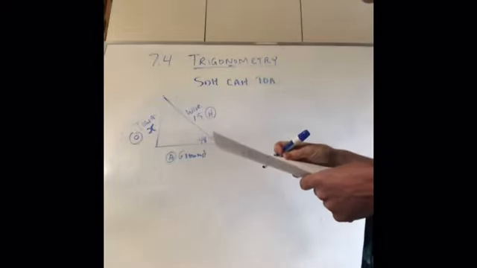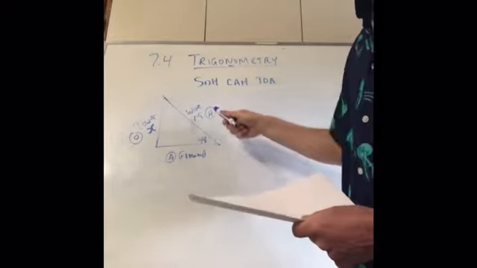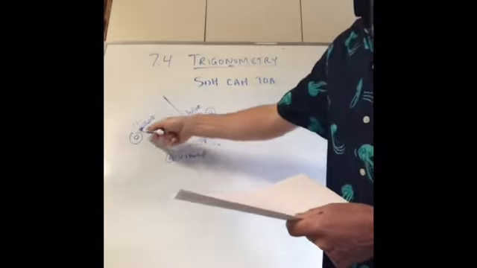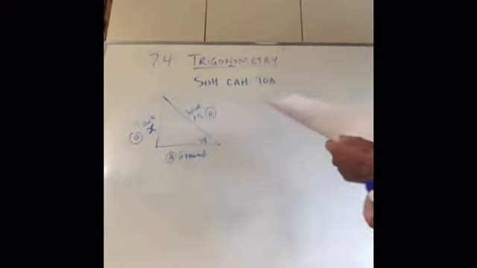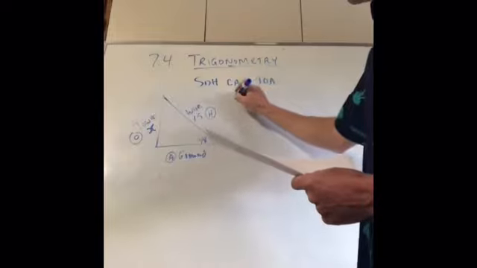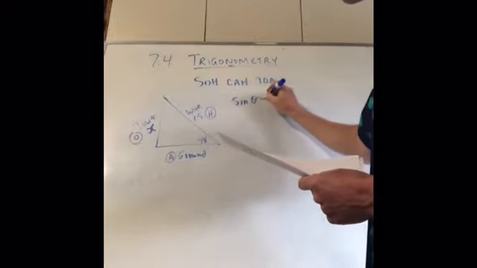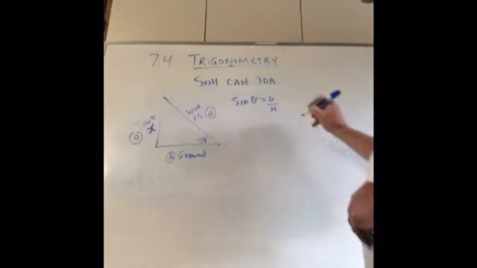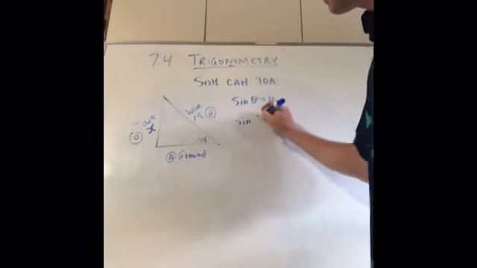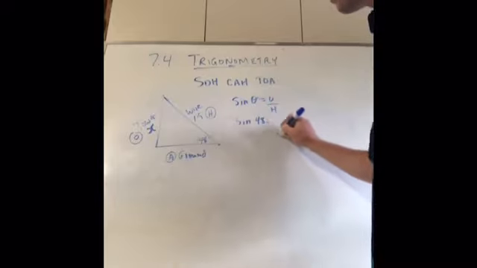So, because I am dealing with the hypotenuse, because I have that 15, and the opposite side, because I want the tower, I'm going to use sine. So we know that sine theta is equal to the opposite over the hypotenuse. In this case, theta is 48 degrees.